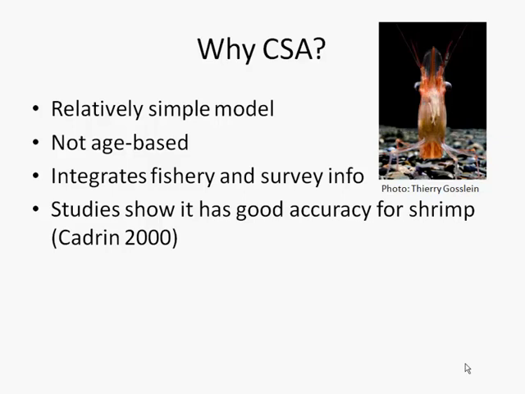And why do we use this particular model? Of course, there are lots and lots of models that could potentially be applied to shrimp, and some of the reasons that CSA is a really useful model for shrimp are these. It's relatively simple. It's not a highly complex, deeply structured model. It's not age-based, but it does take into account the size structure in the population.